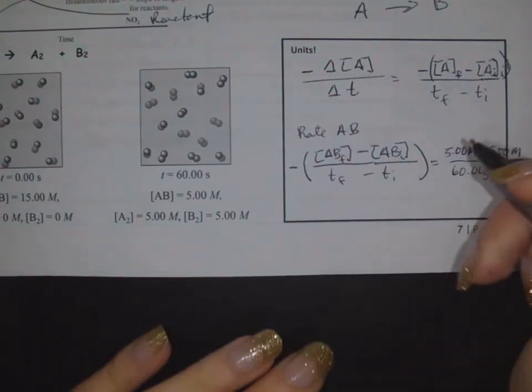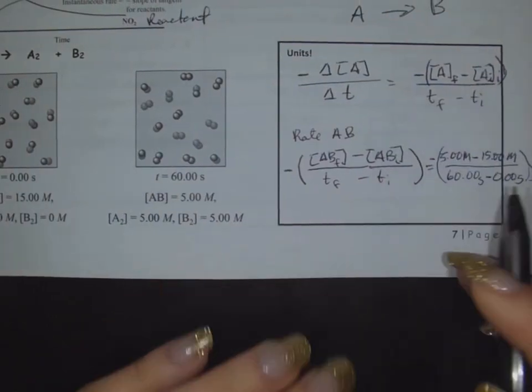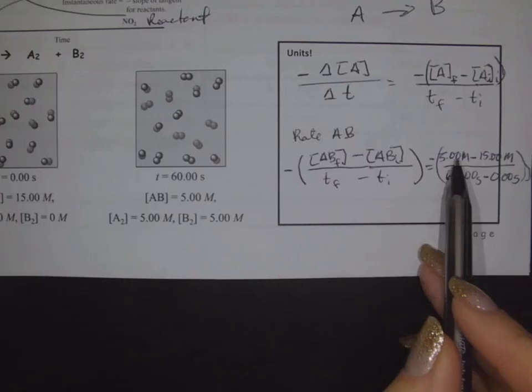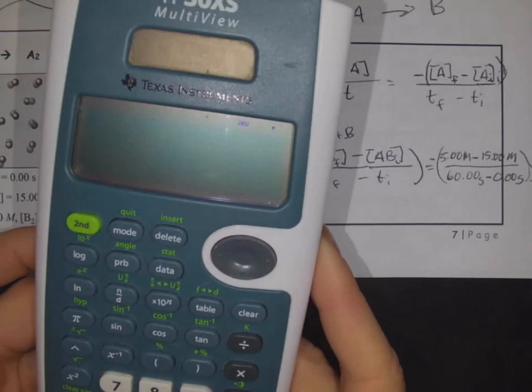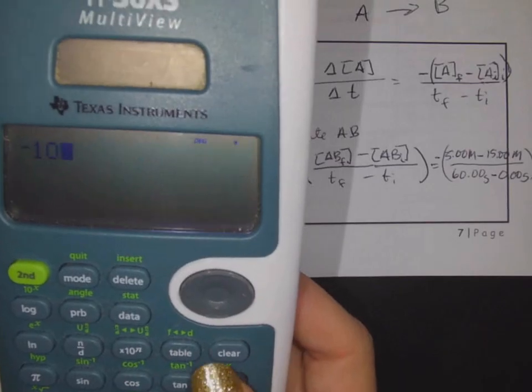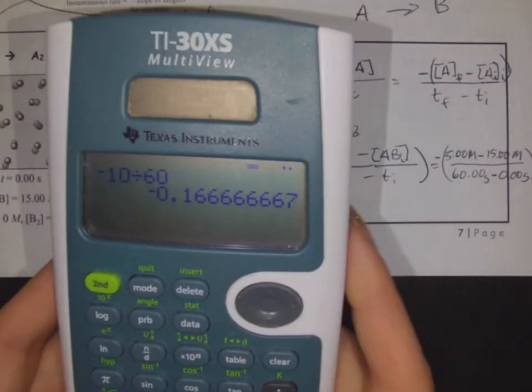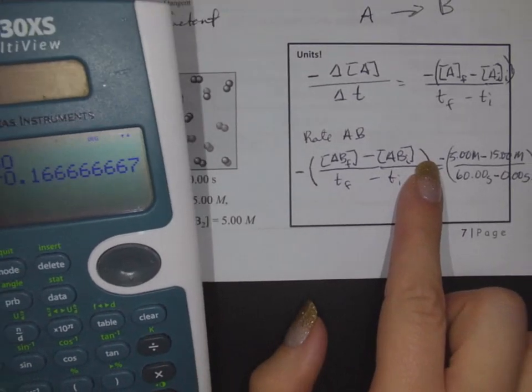Oh, and don't forget we got the negative sign on the outside. So 5 minus that 15, we're taking our negative 10 and dividing it by 60. There's a negative here, but there's a negative on the outside of this, so that would cancel.